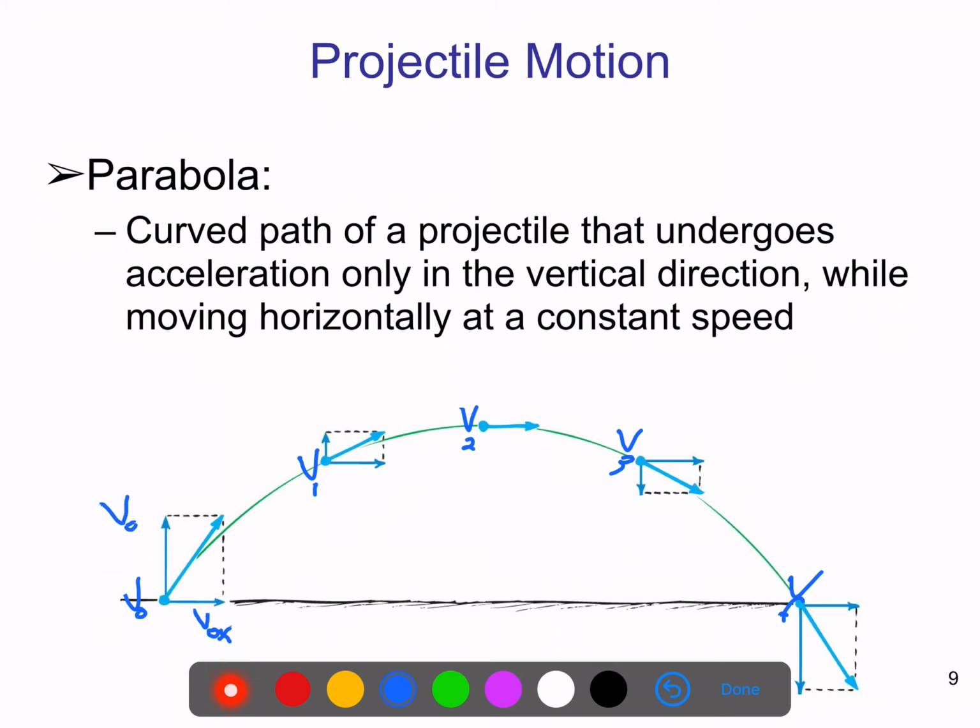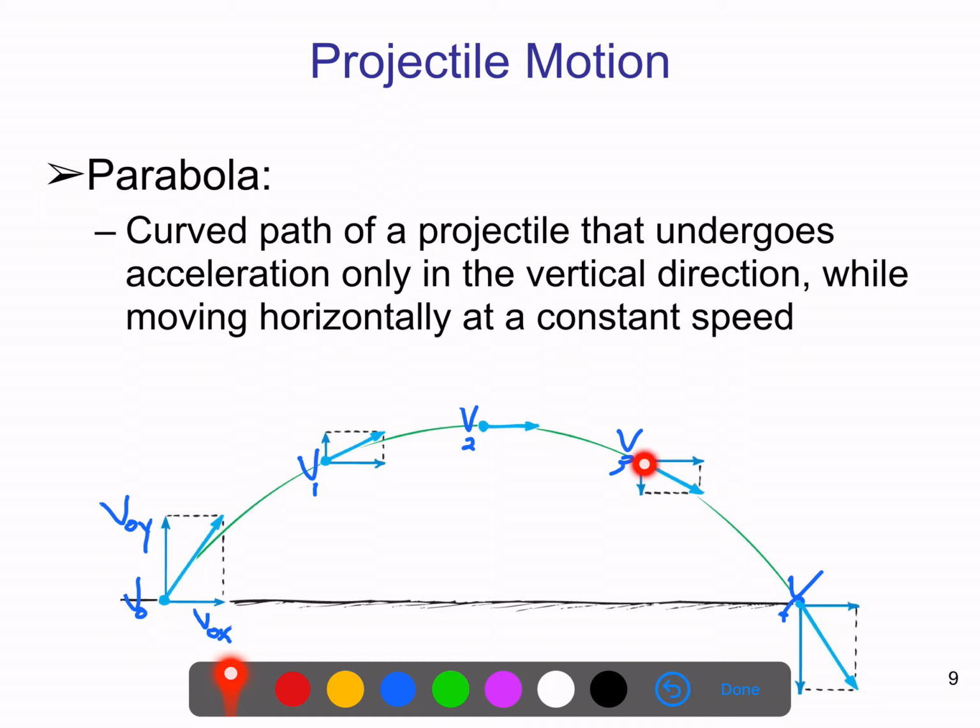On the other hand, if I look at the vertical component, I could call this, for example, V initial in the y direction. It starts off with a very large Vy component, but as gravity is accelerating this thing downward, pulling downward all the time, this component in the y direction becomes shorter as time goes on until it disappears altogether at the top of this trajectory.